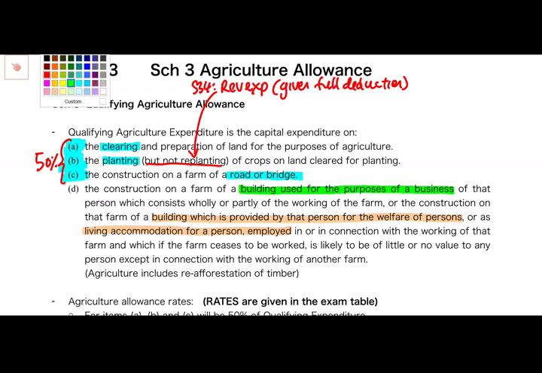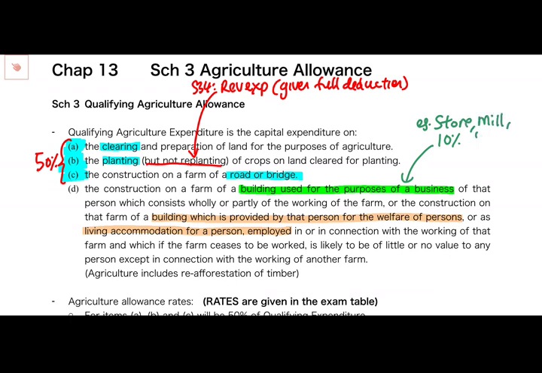Now, I've differentiated with colors, so I hope you can see that these are the two different types of building that we're saying. Now, building that you're using for the business is given a rate of 10%. For example, you may have a store, you may have a mill, you may have an office, so long as they are used for business.